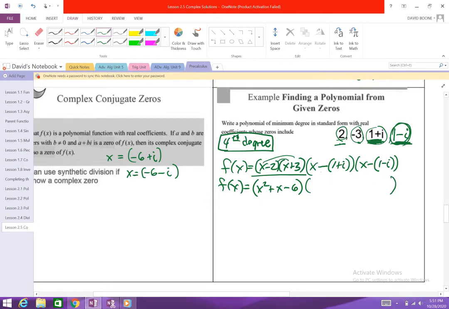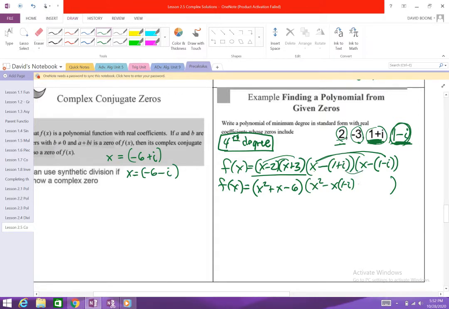This one here, again, I will just multiply some things out. So you take the first one, so x times x is x squared. Your outsides would be, I got a minus, so minus x times 1 minus i.